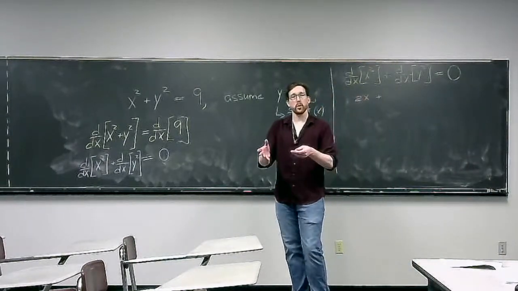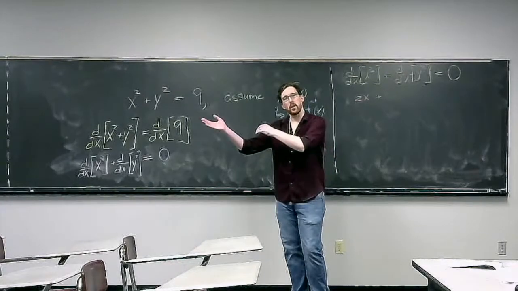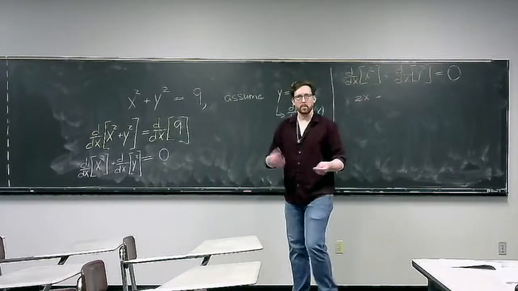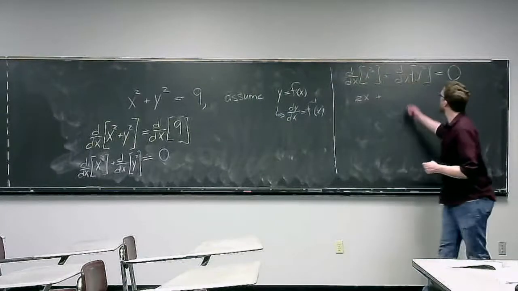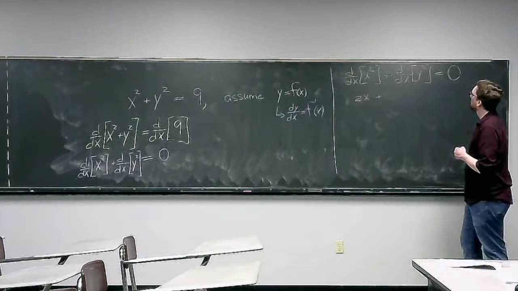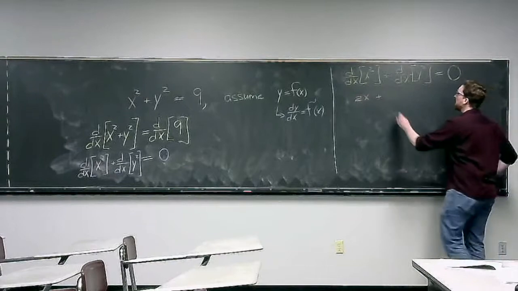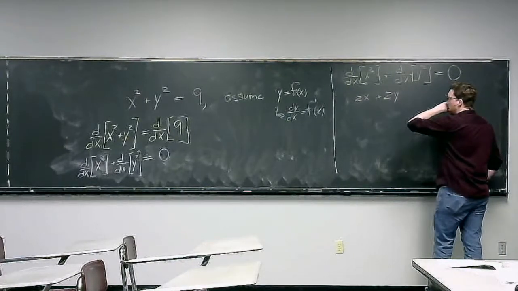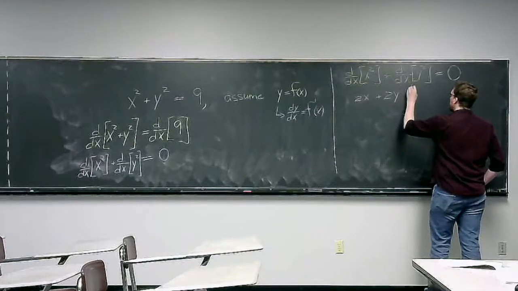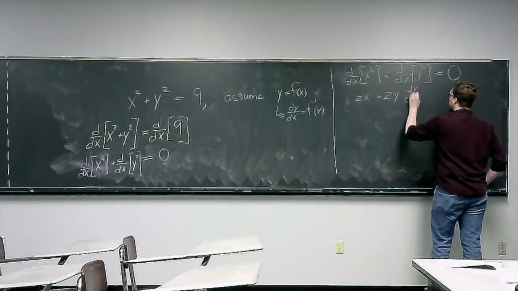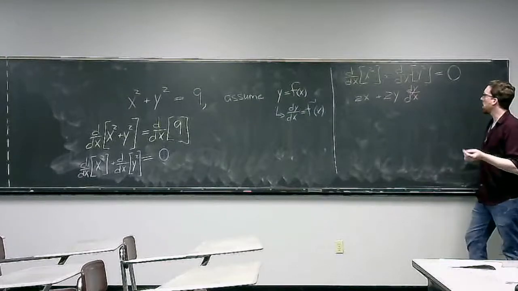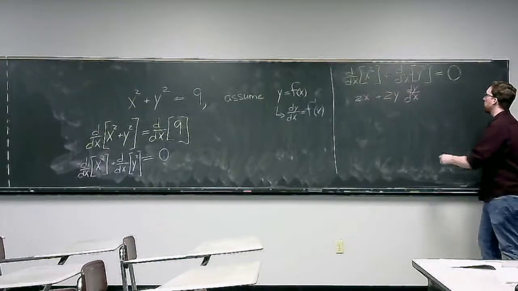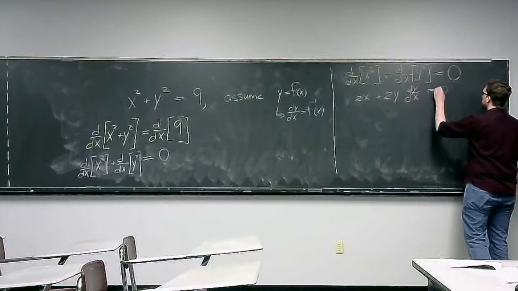So f of x is equal to u, and you're squaring u. Just think of it that way. Okay, well, in that case, this should be 2y times dy dx, whatever the derivative of y is. And all of this, again, is equal to 0.